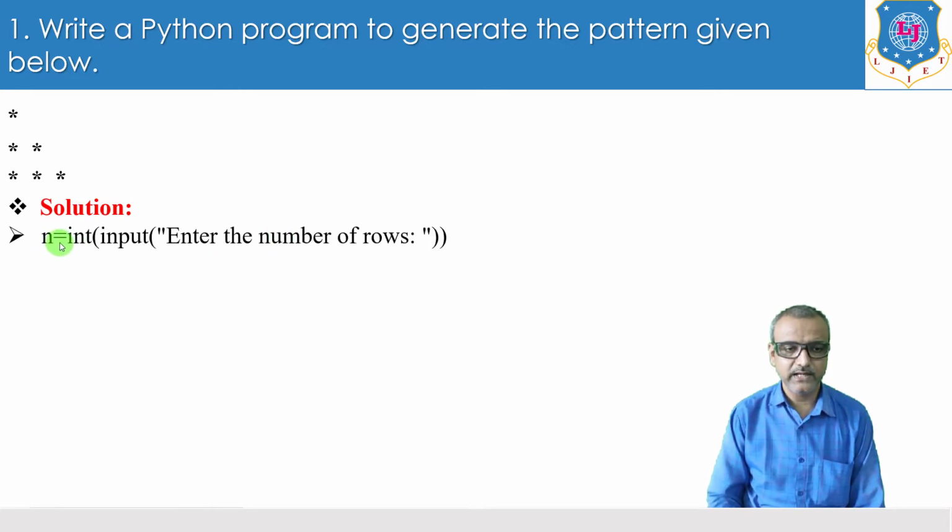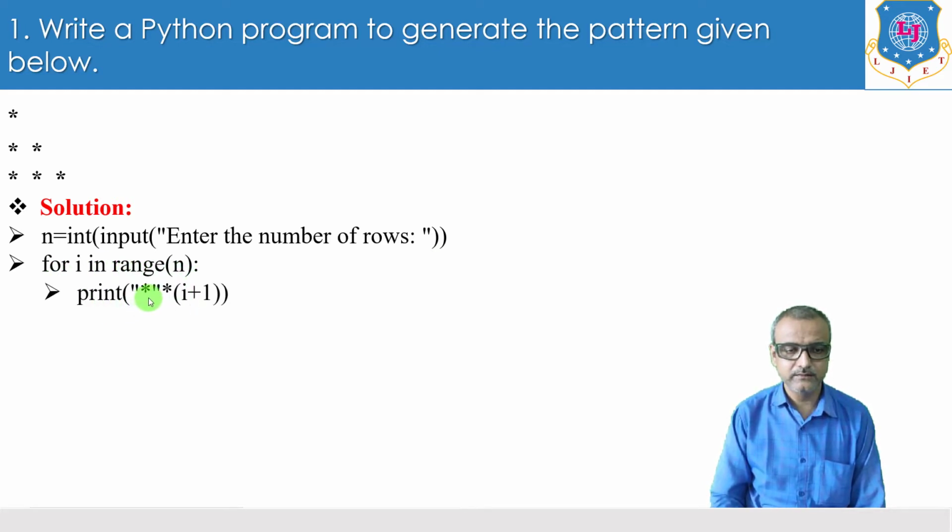First of all, n equals int of input of "Enter the number of rows". For i in range(n), print star (i + 1) times. Now what will it do? Say the value of n equals 3.